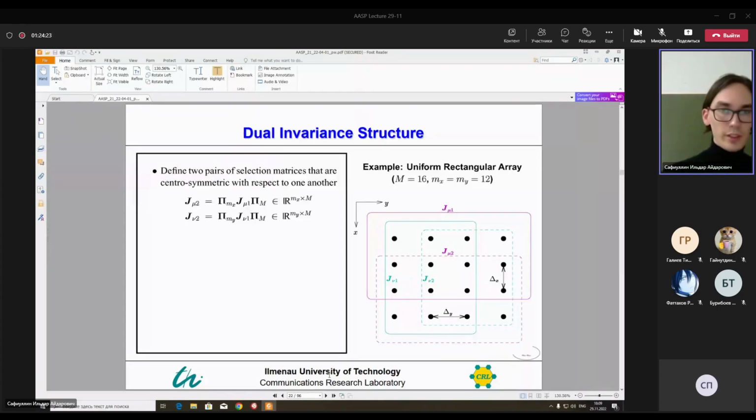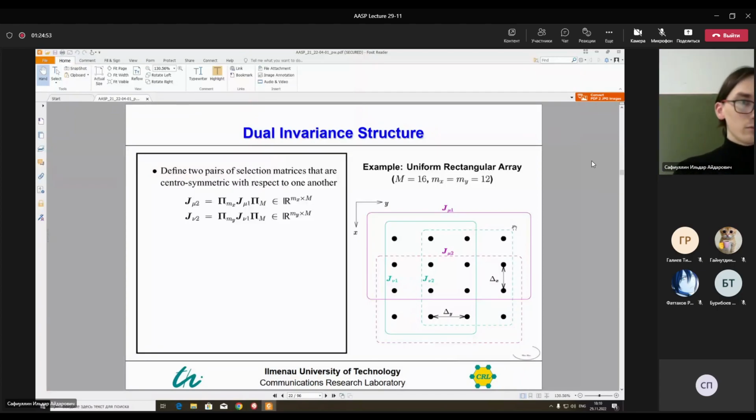And in the following way, for the y-axis, we have this selection matrix 4 times 3, and this selection matrix 4 times 3. So this one and this one. And let's see what we will have next.